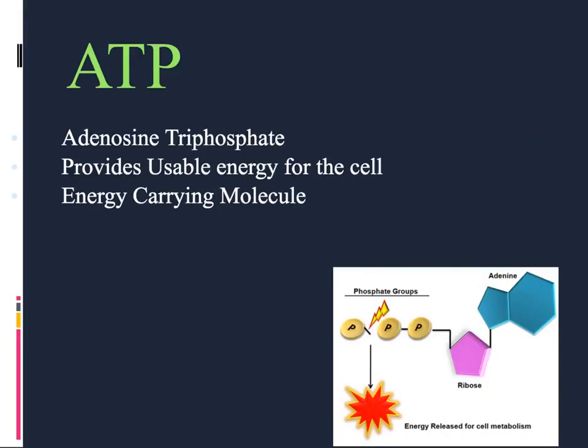ATP stands for adenosine triphosphate because it's made up of adenine, ribose, and 3 phosphate groups as pictured in the diagram. The main function of ATP is to provide usable energy for the cell, which is why we nickname it the energy-carrying molecule.